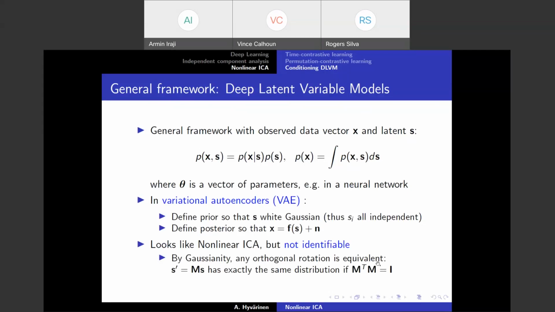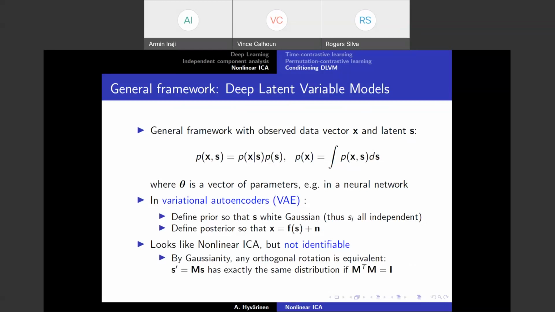Now, yes, this looks very much like some kind of nonlinear ICA with noise added, but it's obviously not identifiable because the latent variables are Gaussian, and there are two reasons why it's not identifiable. First, we have the Darmois construction. But we don't even need to go to the Darmois construction.